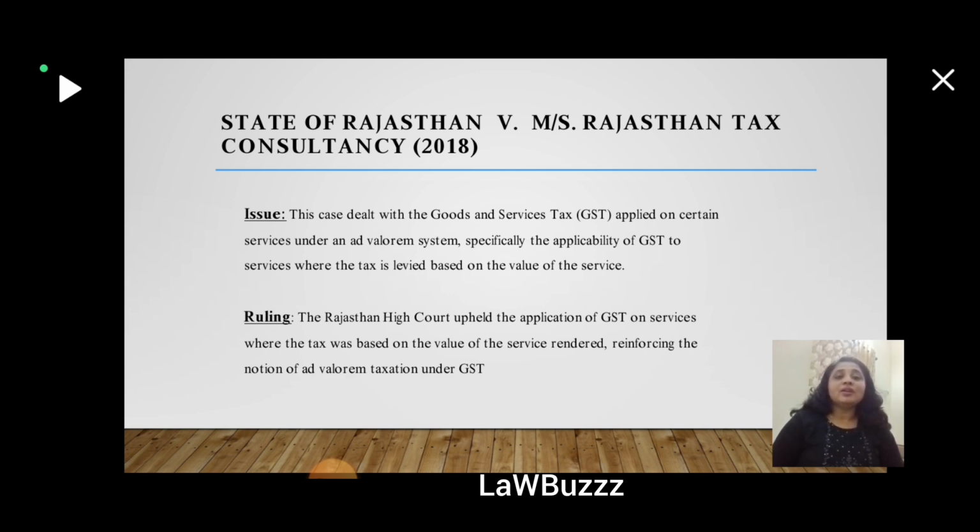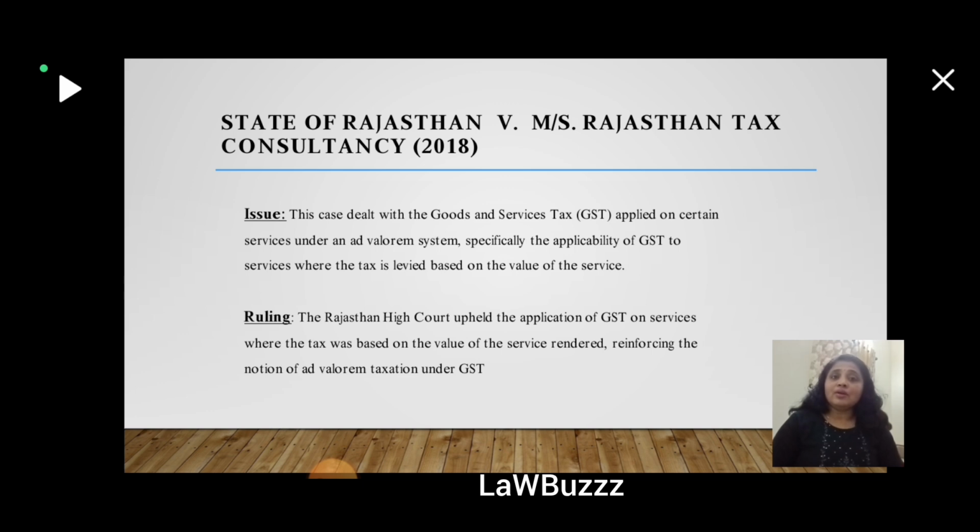The Rajasthan High Court upheld the application of GST on services where the tax was based on the value of services rendered, reaffirming the notion of ad valorem taxes under GST. So this is another case of ad valorem where the tax is levied according to the value of the property, services, or product.